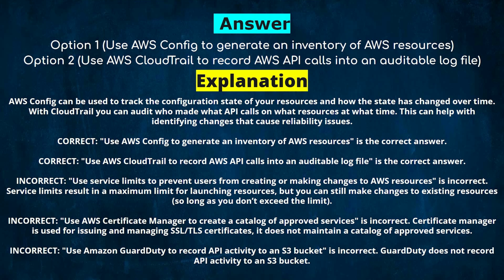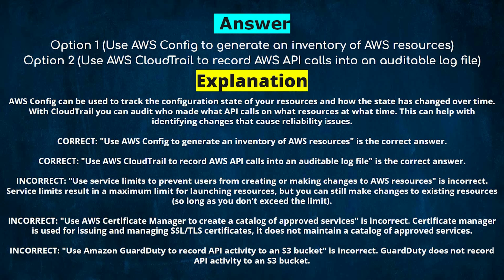With CloudTrail, you can audit who made what API calls on what resources at what time. This can help with identifying changes that cause reliability issues. Use AWS Config to generate an inventory of AWS resources is the correct answer. Use AWS CloudTrail to record AWS API calls into an auditable log file is the correct answer.